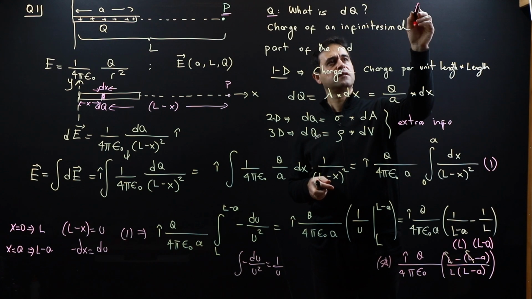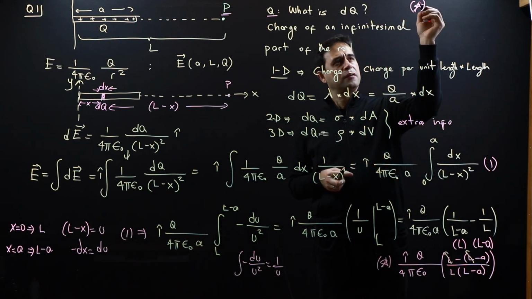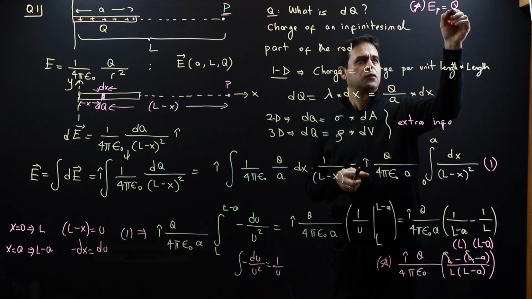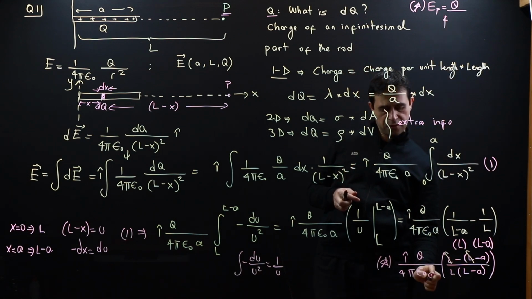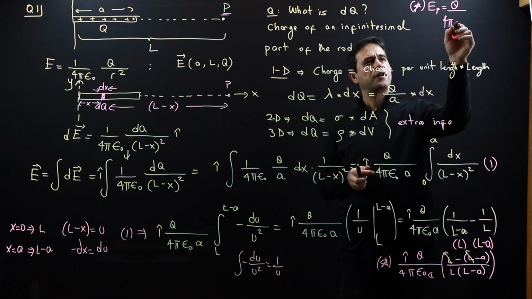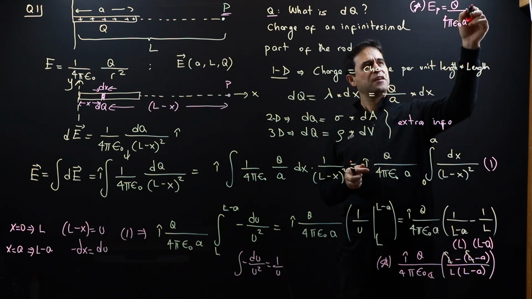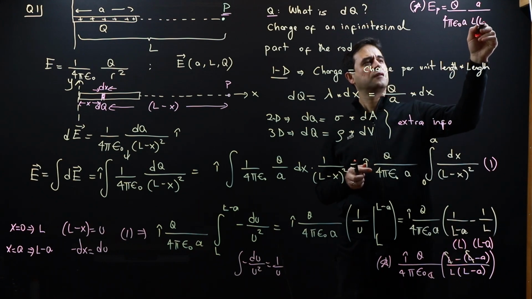The final result, the star, the total electric field at point P, is equal to q divided by 4 pi epsilon 0 a, and there's an extra a that I forgot here. On top I have plus a, and on the bottom I have L times L minus a.